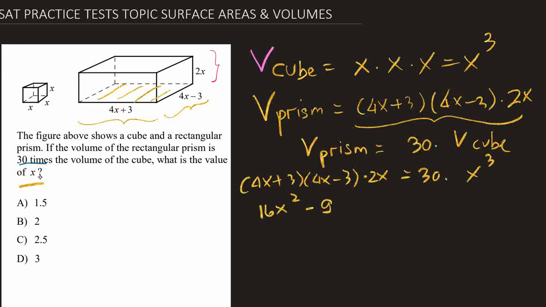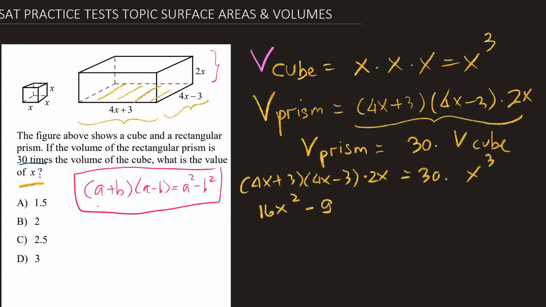This is a plus b and a minus b, so we use this formula: a plus b, a minus b will be equal to a squared minus b squared. This is difference of squares. Use this formula. So times 2x equals 30x cubed.